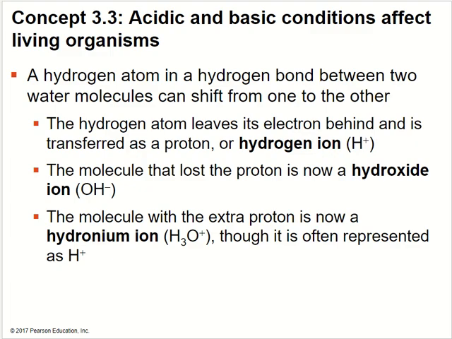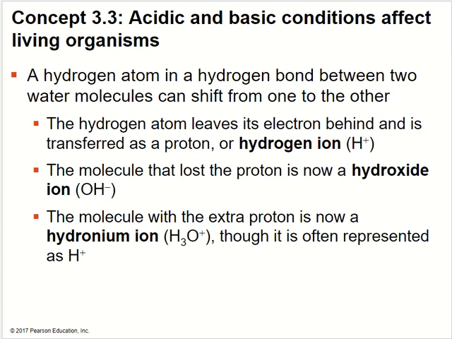Now there's the concept of acidic and basic conditions. A hydrogen atom in a hydrogen bond between 2 water molecules can shift from one to the other. The hydrogen atom leaves its electron behind and is transferred as a proton.